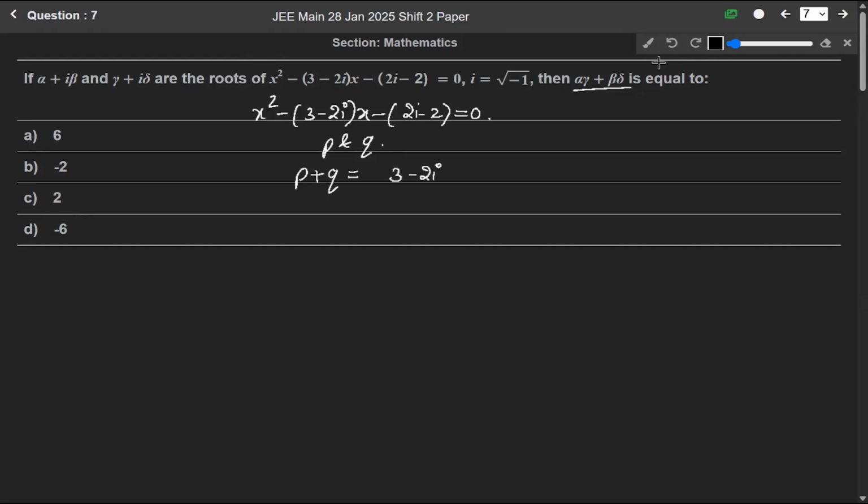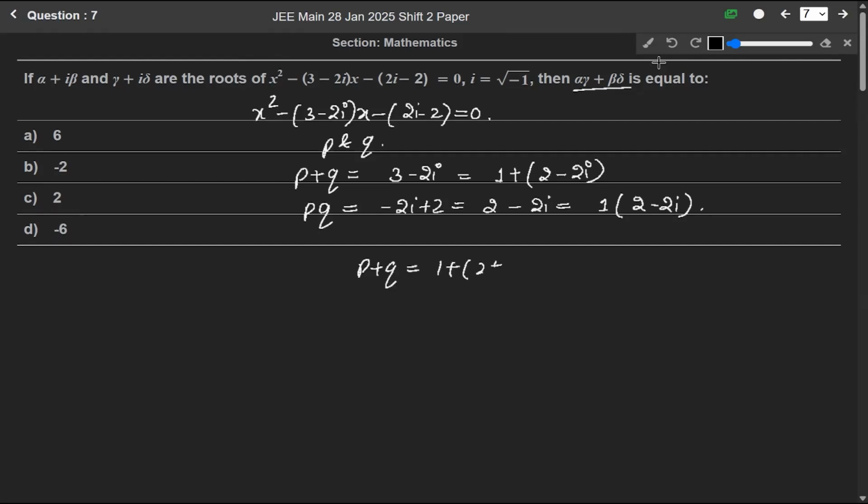Okay. And we can write 3 minus 2i as 1 plus 2 minus 2i, and the product of the factors is equal to c, which means minus 2i plus 2, or we can write it as 2 minus 2i, or 1 times 2 minus 2i. Okay. So from these two, p plus q is 1 plus 2 minus 2i, and pq is 1 times 2 minus 2i.